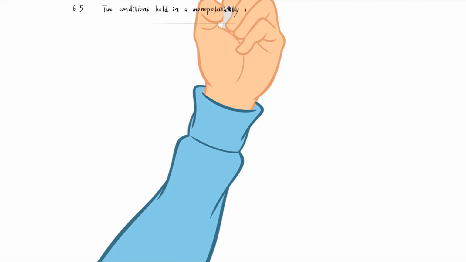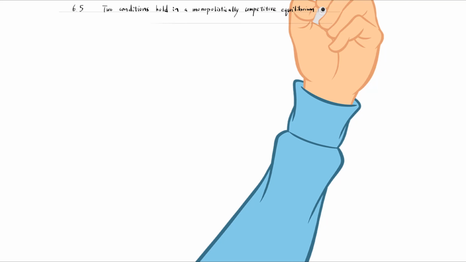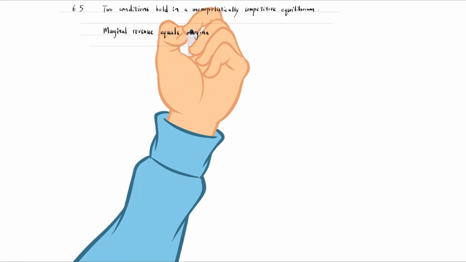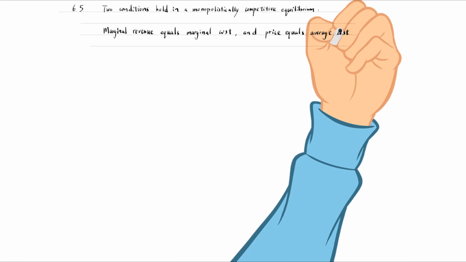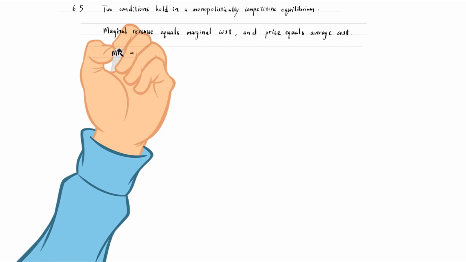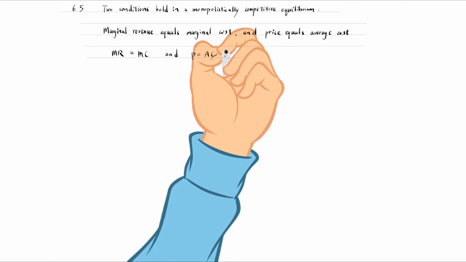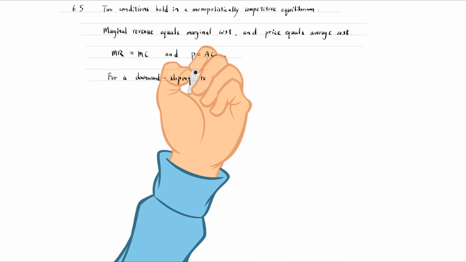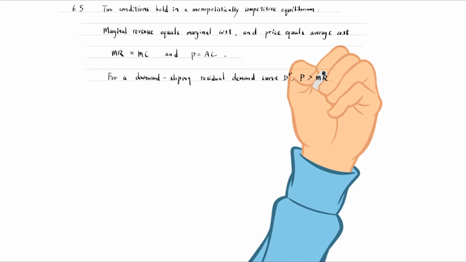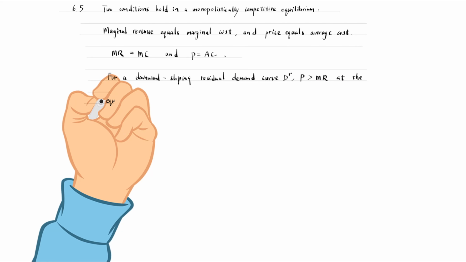Two conditions hold in a monopolistically competitive equilibrium. Marginal revenue equals marginal cost, and price equals average cost. We know that a monopolistic competition firm faces a downward sloping residual demand curve DR. So the price must be higher than marginal revenue at equilibrium.